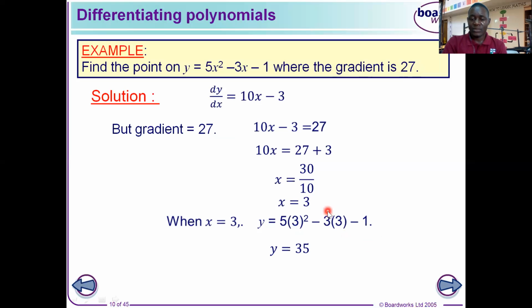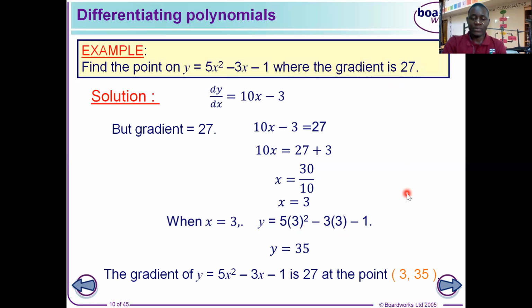So x equals 3, y equals 35 makes the coordinate point where we have the gradient of this curve calculated as 27. So we can say that the gradient of y equals 5x squared minus 3x minus 1 is 27 at the point (3, 35).